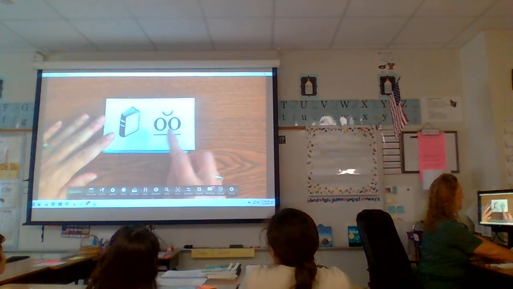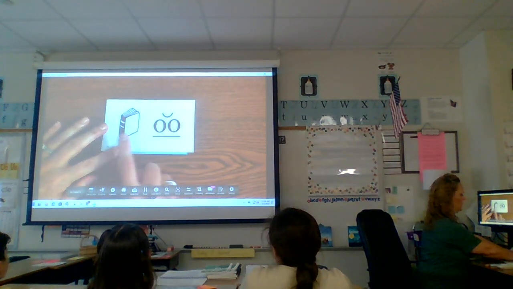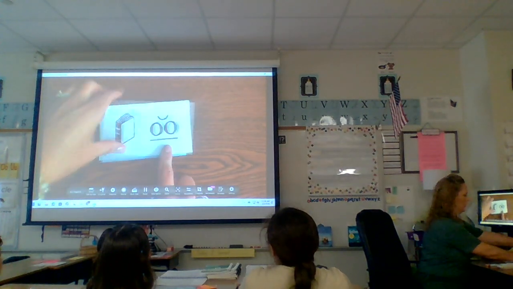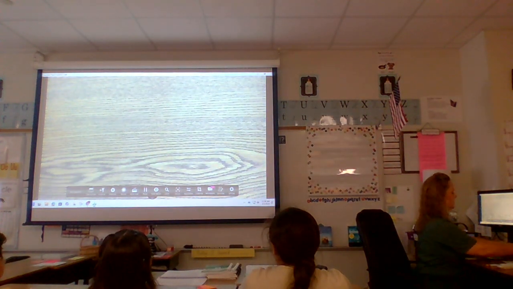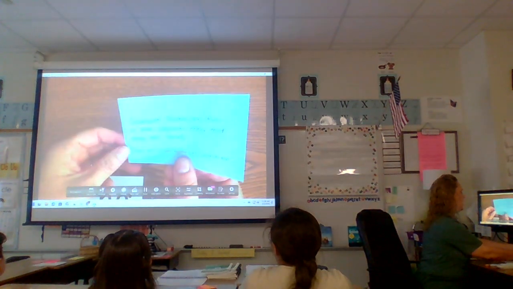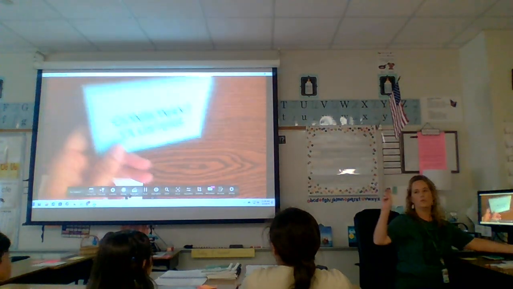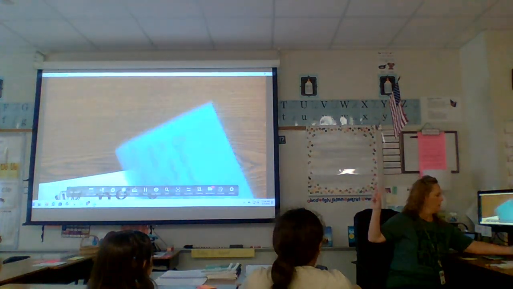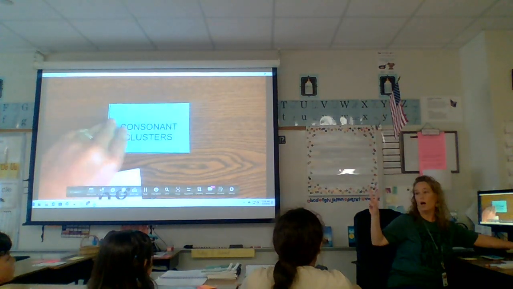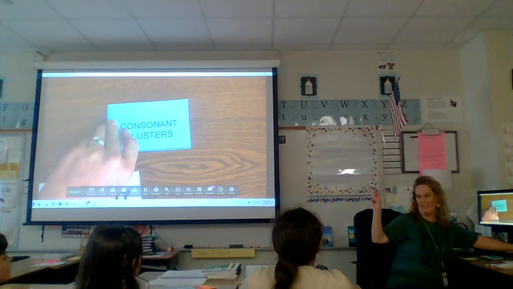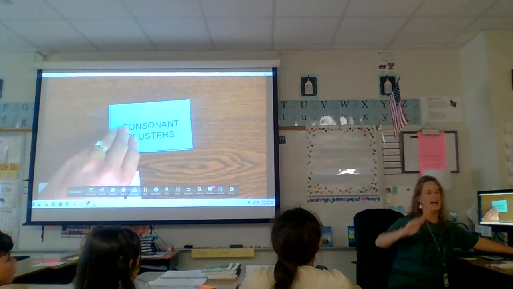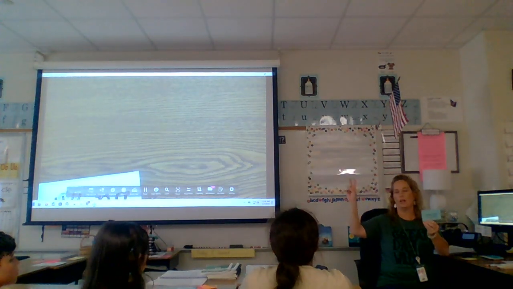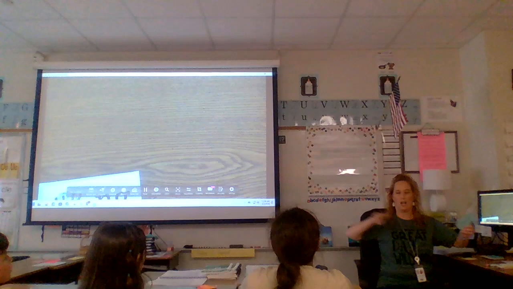Vowel pair syllable. O-O. Book. Good. Ready. Consonant clusters. Consonant clusters are 2 consonants that are adjacent that make one sound. We code it with an underline.